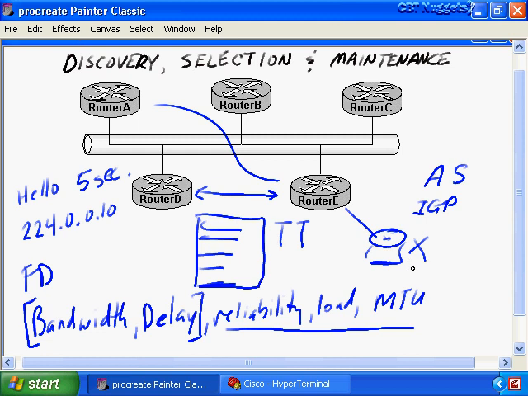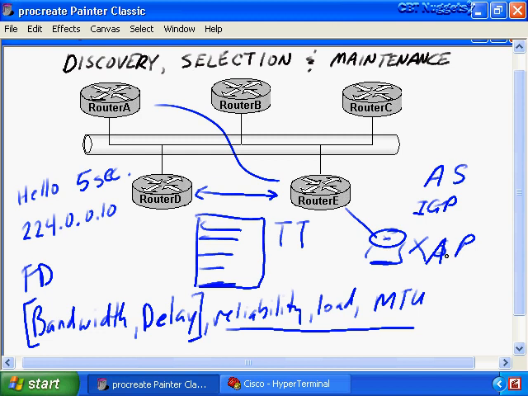A topology table also indicates if the entry in that table is in the normal static mode, or passive mode, or is it in an active mode. And we mentioned those two modes earlier. A route is passive if the router is not performing any recomputations or calculations on that route.